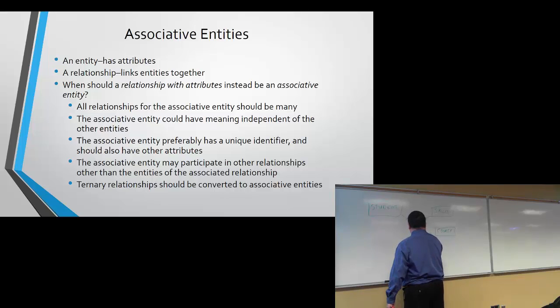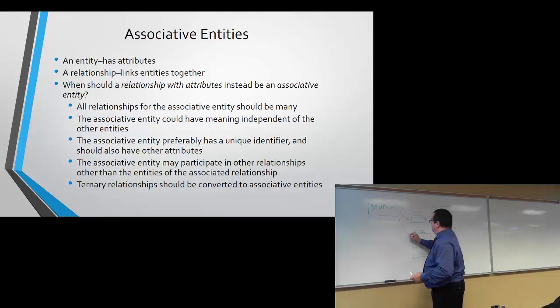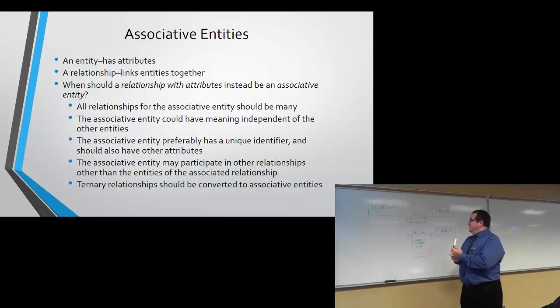Call that student course. And in here you have grade, start and end. Okay. A student can have many courses and a course can have many students. That's fine. But suddenly we have other things in here.